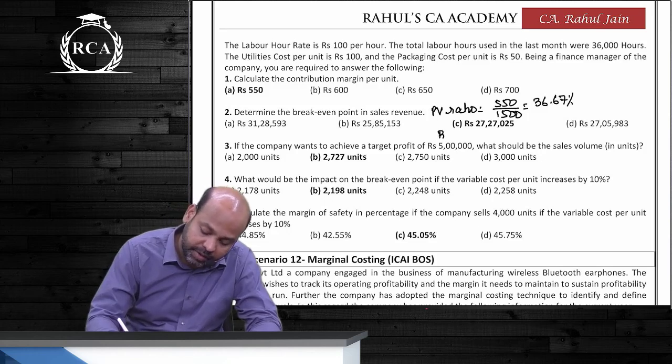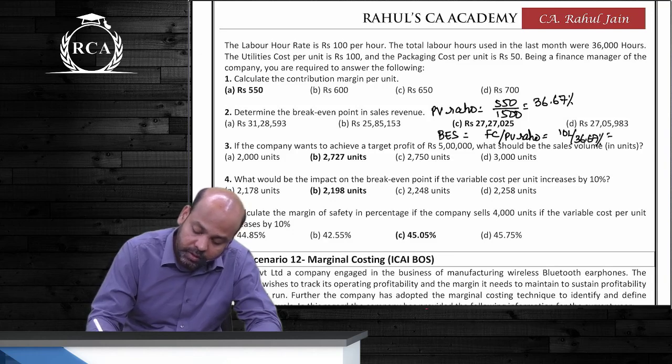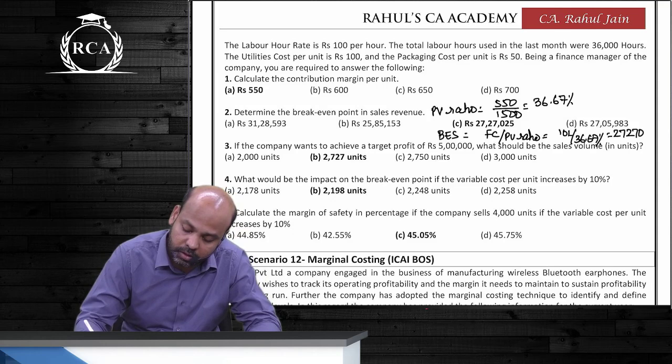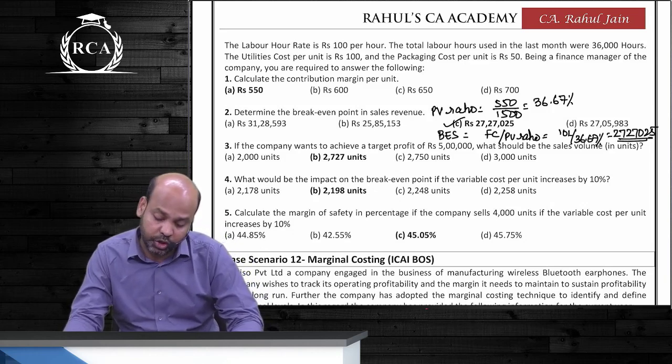So break even sales will be fixed cost divided by PV ratio. Fixed cost is 10 lakhs. 10 lakhs divided by 36.67% gives 27 lakhs, 27,025 rupees.